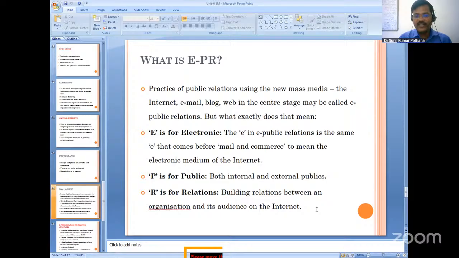R is for relations, building relations between an organization and its public on the internet. E-public relations focuses on the internet, and attracts people through internet media.